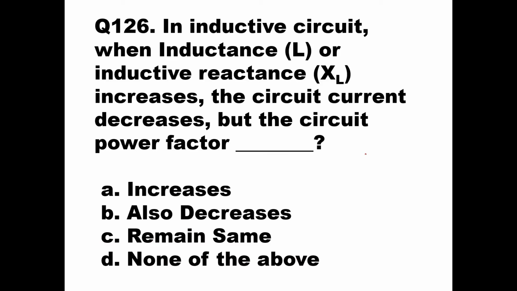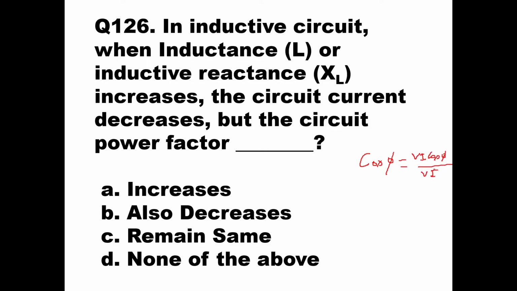Question number 126. In an inductive circuit, when inductance L or inductive reactance XL increases, the circuit current decreases. But what happens to the circuit power factor? Now we know that power factor is given as cos phi, and we usually take it as true power upon apparent power, so VI cos phi upon VI.